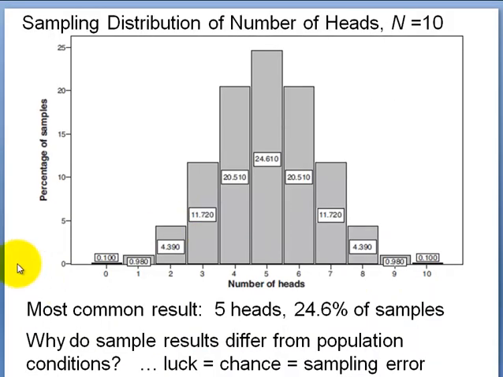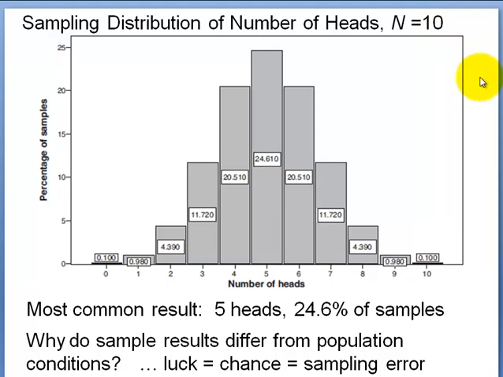Now let's go ahead and increase our sample size to 10. We're going to toss our unbiased coin 10 times, and we're going to count the number of heads in each of those samples of size 10.